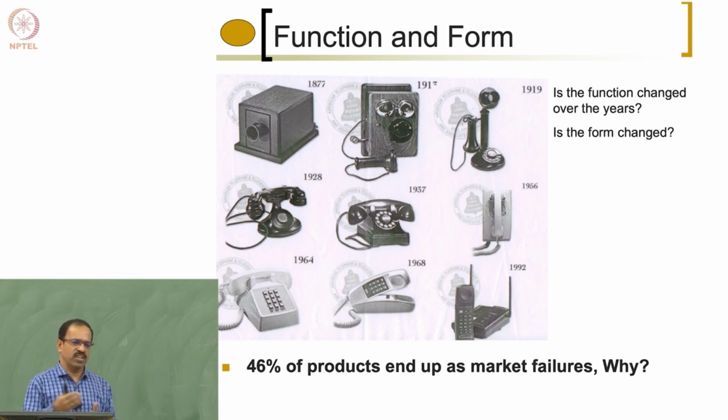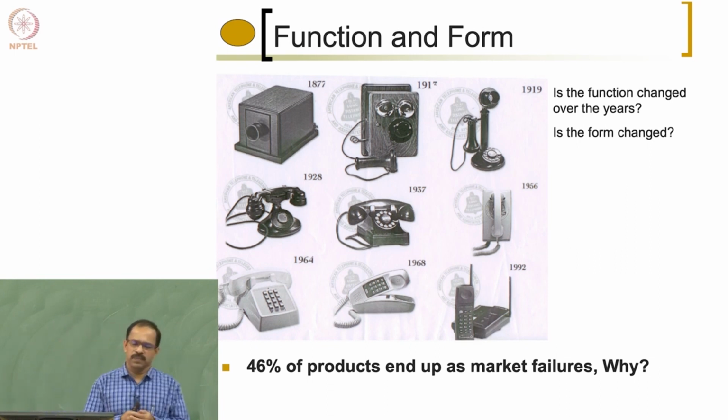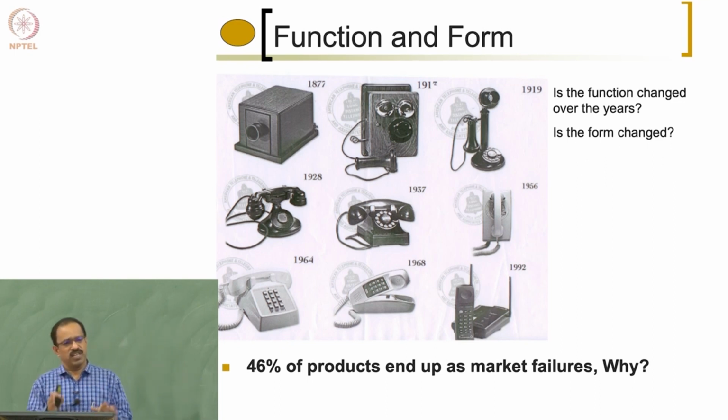Was there any function change, or an additional function, or did the function remain the same and only the form of the product changed? This is what you need to look for in any products you see in the future.